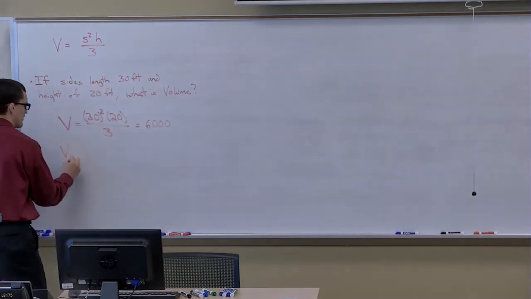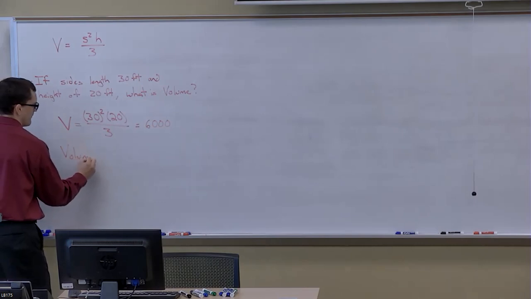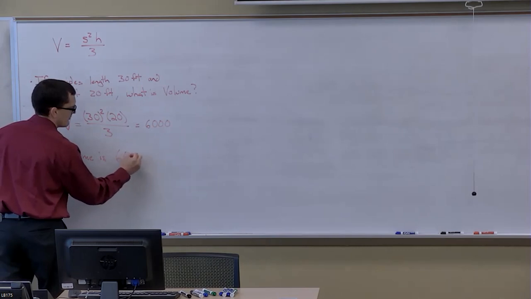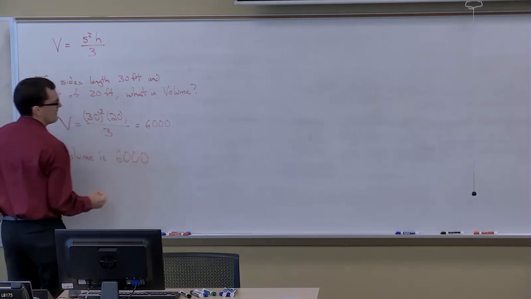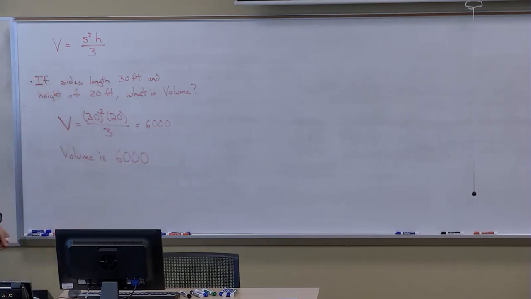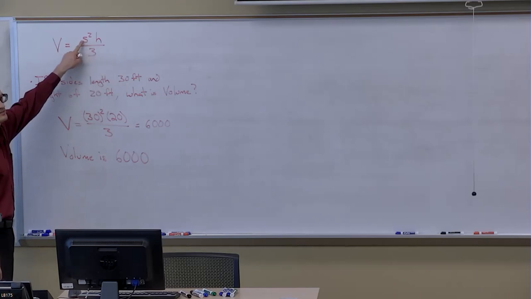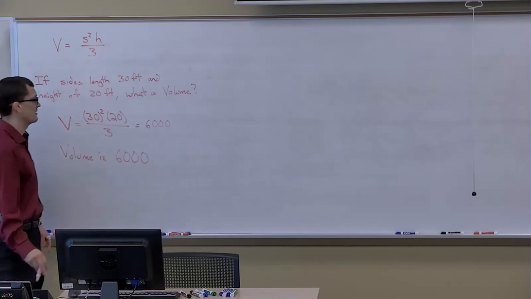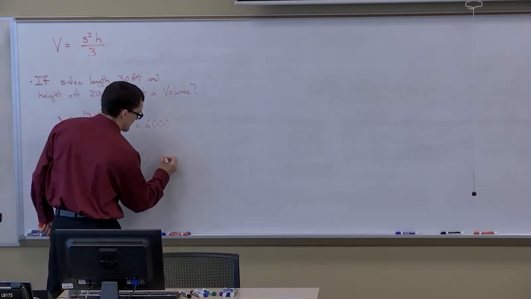So the volume of that pyramid is 6,000. Now, I'm not going to ask you to figure out the labels or anything like that, but because we have feet times feet times feet, it turns out the volume is in cubic feet.